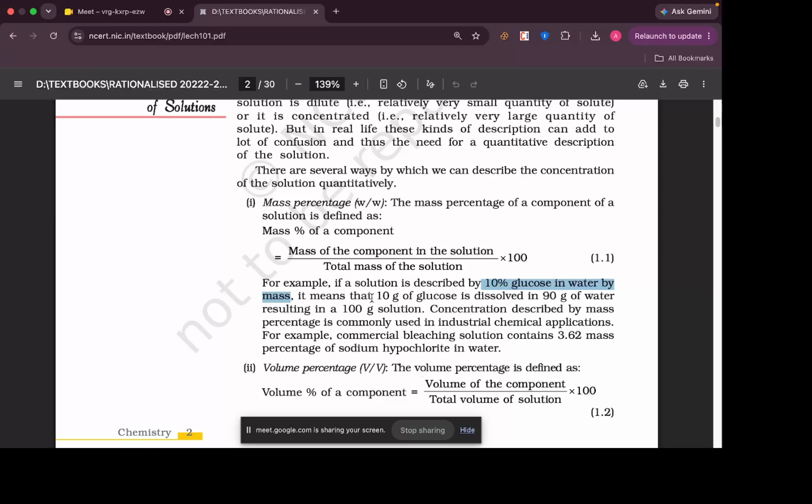Sir, where is the mass of water? No, don't look at the mass of water. Just tell, if it is written 30% glucose in water by mass, correct? Yes, sir, it means that 30 gram of glucose is there. And what will be the water? How much?